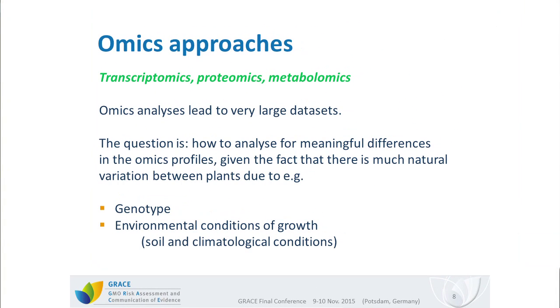So then the question was, how can we actually analyze the data for meaningful differences, given the fact that, of course, there is a lot of natural variation between plants grown in the field, and you have to take this into account when you're actually looking for meaningful differences. This natural variation can relate, of course, first of all to the genotype, so if you have different plant lines, but also to the conditions of growth. For instance, you can have differences in the soil conditions or in climatological, so the weather conditions.